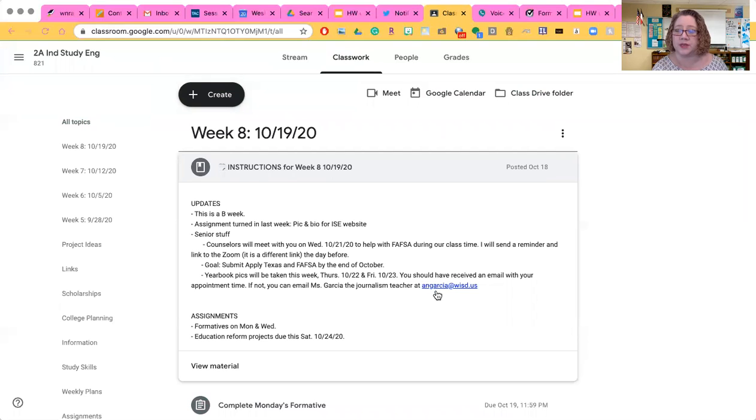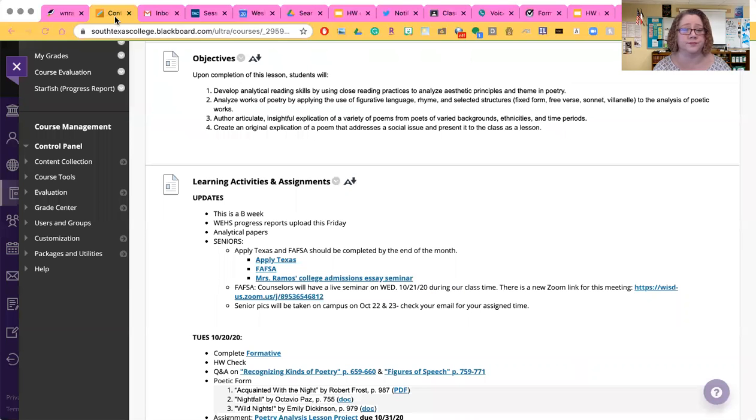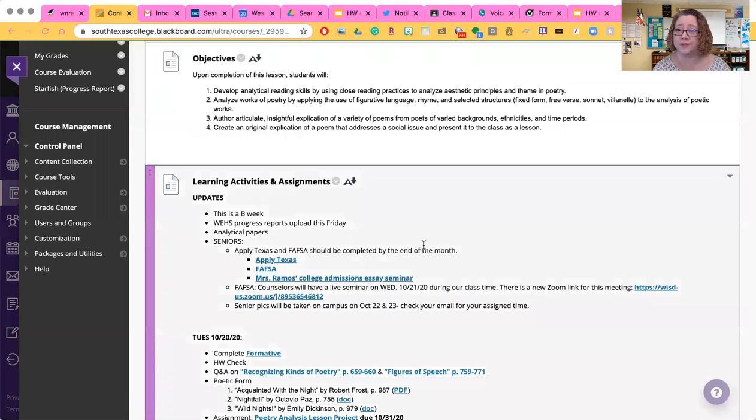So if you haven't received a time slot to do your pictures, then you might want to email her if you want to be in the yearbook, because that's what the pictures are for. They'll also offer you a package or whatever. So it's my understanding that they'll be taking 2 different pictures, one with whatever you're wearing, and then another one with your yearbook outfit.